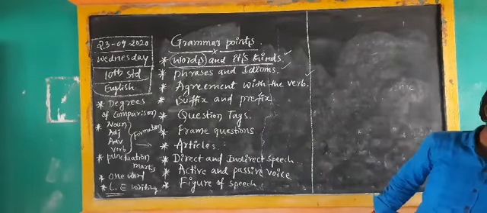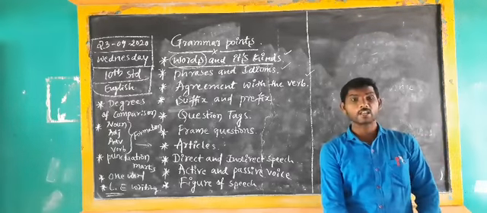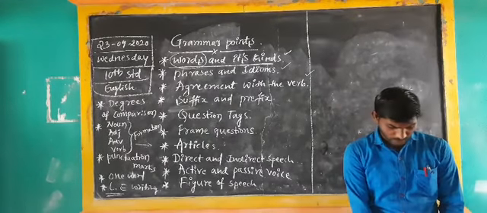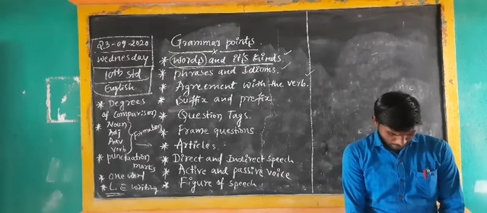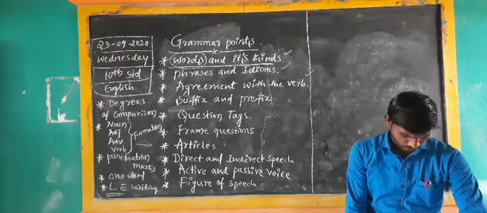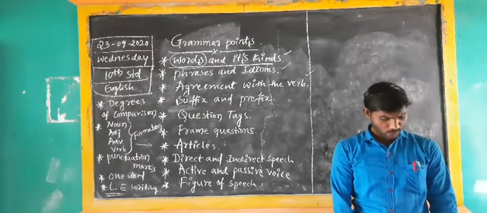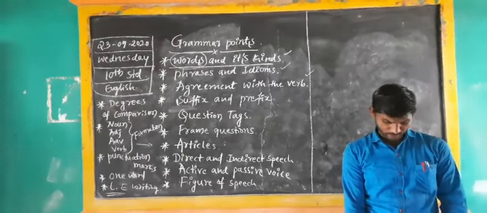Homonyms we have to divide into three groups. Which are the three groups? Three words are there for the understanding of homonyms. First one is homophone, homograph, homonym.